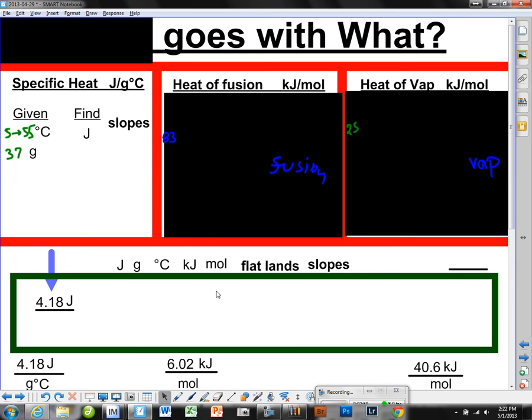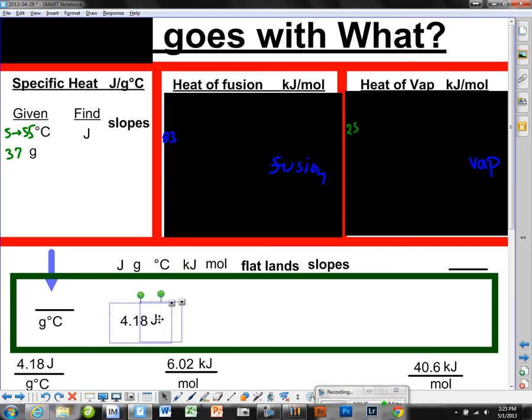And then we're going to go ahead and make this into a fraction. And now, what are we going to put on the bottom of that fraction? Grams, good. And degrees centigrade, of course. Those have to stay together. Don't separate them. They are always going to be 1. I just hooked them together, and now you see they travel together, just like these up here always have to travel together.